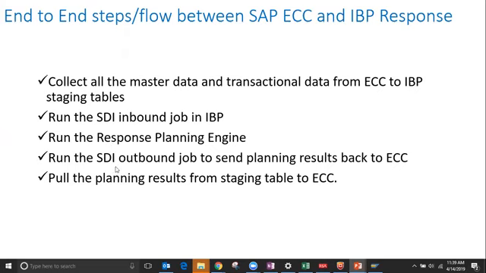Then whenever you create a response and this response run is done, you can send your plan orders back to your EC system again. In the EC system, this outbound job will get updated to your staging area. From the staging area, your planning results will be used in your ECC. So the staging area is the main intermediate where all your data will be stored or changed or manipulated.